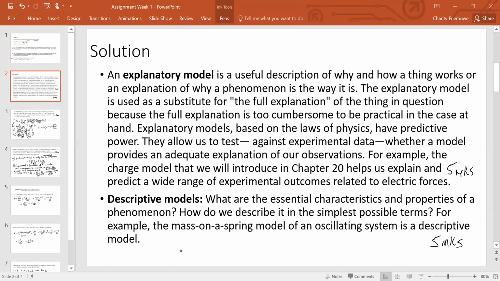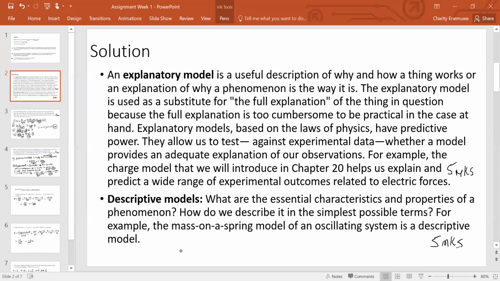What we do is we look at keywords, explaining the concept in the language of the course, because we'll have explanatory and descriptive models in several fields of study.